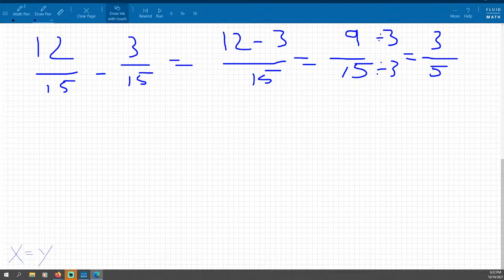So let's do the next problem. Let's subtract 7/15 minus 3/10. So if you notice, our denominators aren't the same. So what happens when our denominators aren't the same?